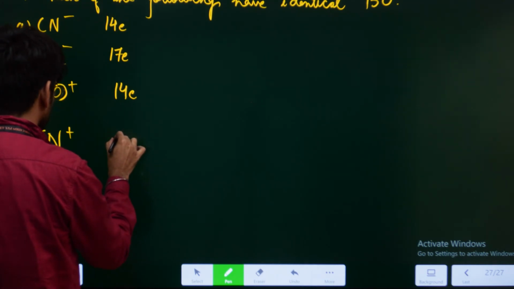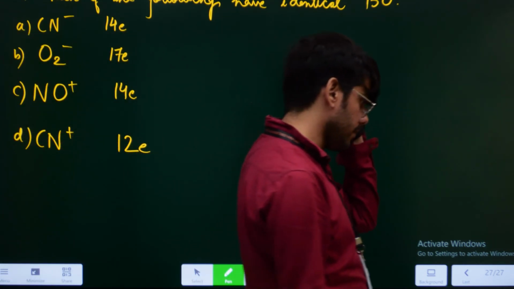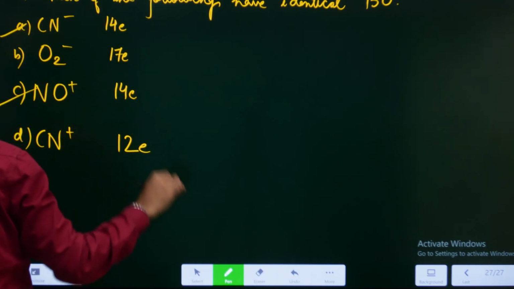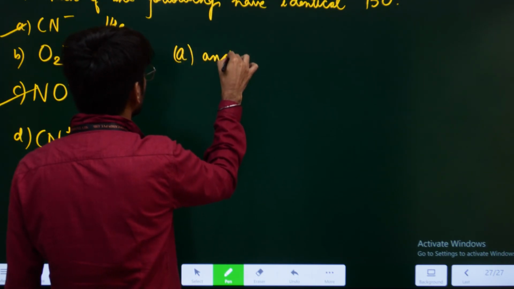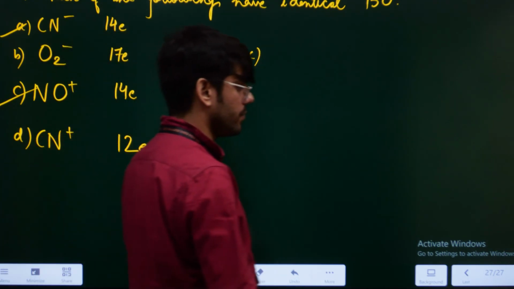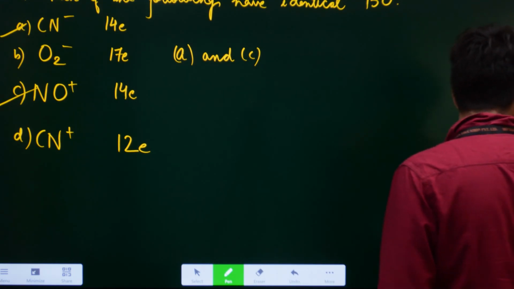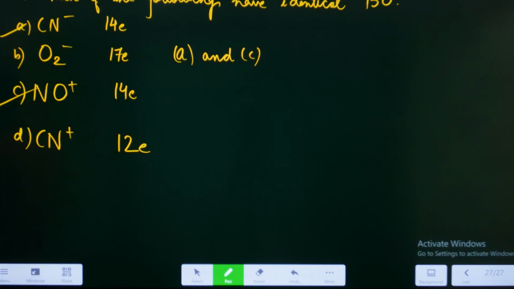Quickly. 12. So obviously it is A and C. It's A and C. Yes or no? Yes, Reshma. Yes, A and C. Pujita. Tell me if this is clear.